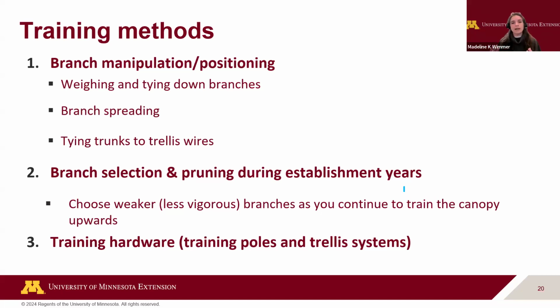They're going to require a little bit more attention to creating more horizontal branches, to guiding those branches into a more horizontal position. And this is where concepts like weighing branches down or spreading branches or even tying trunks to the trellis wire, for example, or a training pole can be helpful. But then again, today we're going to be talking a lot about branch selection and pruning.